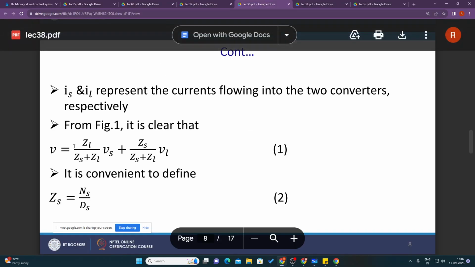This is the expression that has been obtained.